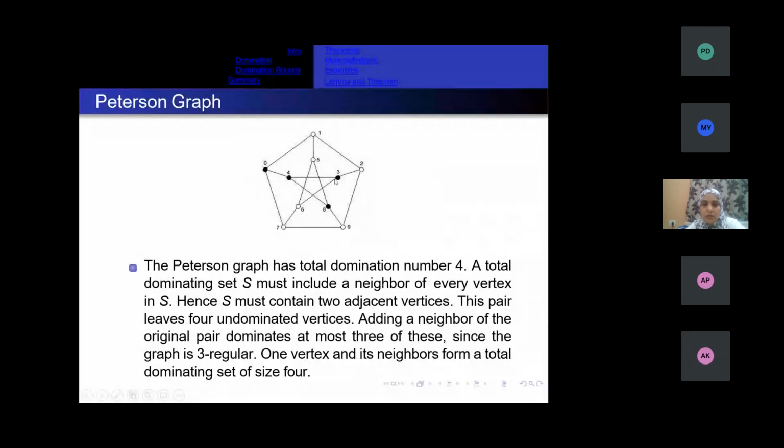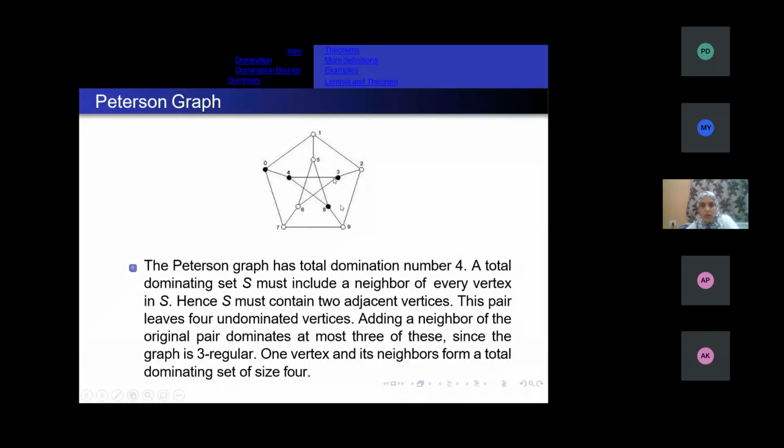Why have we considered these? In a total dominating set, as we have seen in the definition earlier, the dominating set vertices should not be isolated. So here 0 and 4 are connected to each other, they are not isolated. Here 4 and 3 are connected to each other, they are not isolated. 4 and 8 are also connected to each other, they are not isolated.